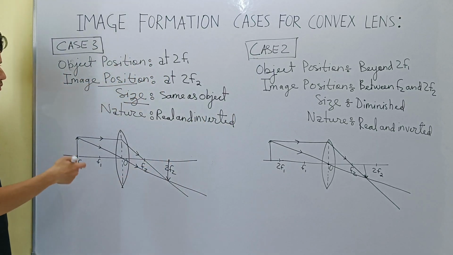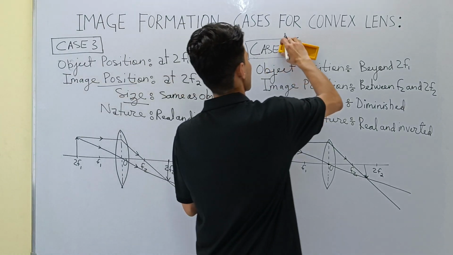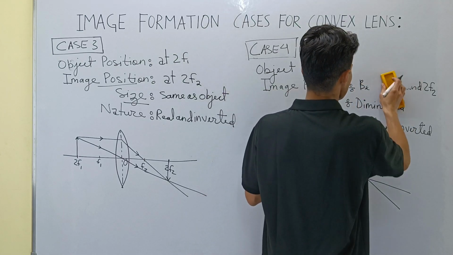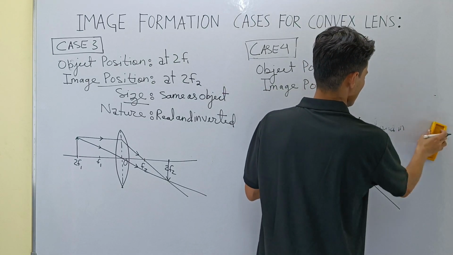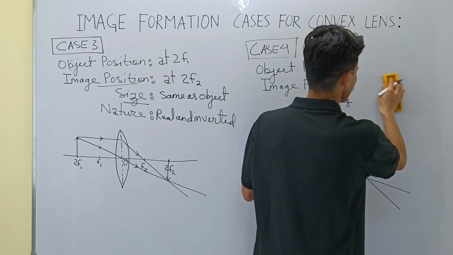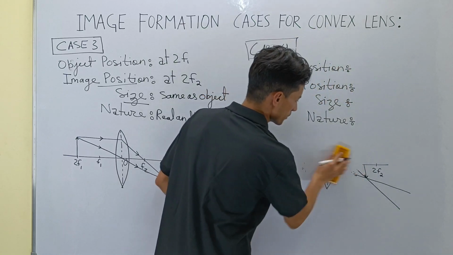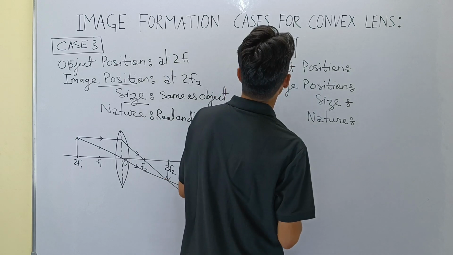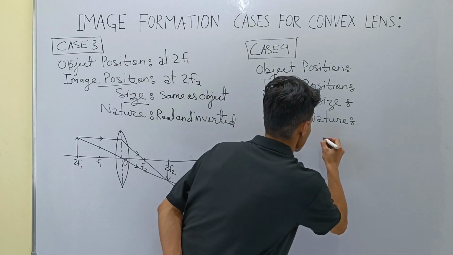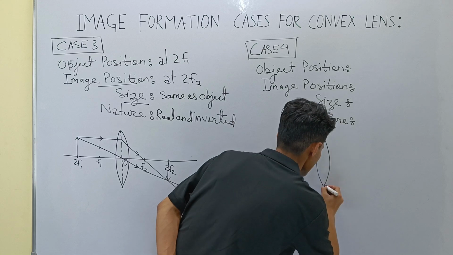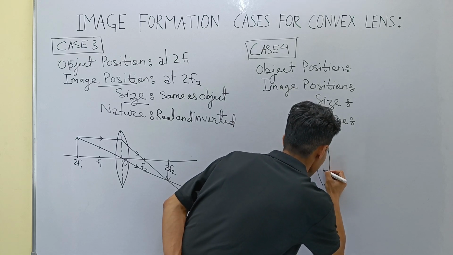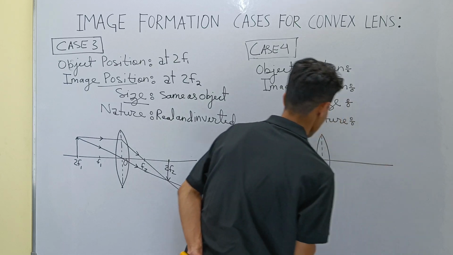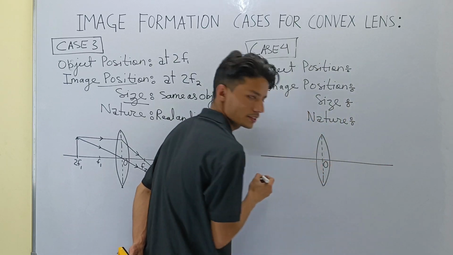All right, now we go to case 4. The headings will still remain, so I will not erase the headings. The ray diagram will change. So now we are at case 4. Let's draw the convex lens, mark the aperture, draw the principal axis, and then mark the optical center.